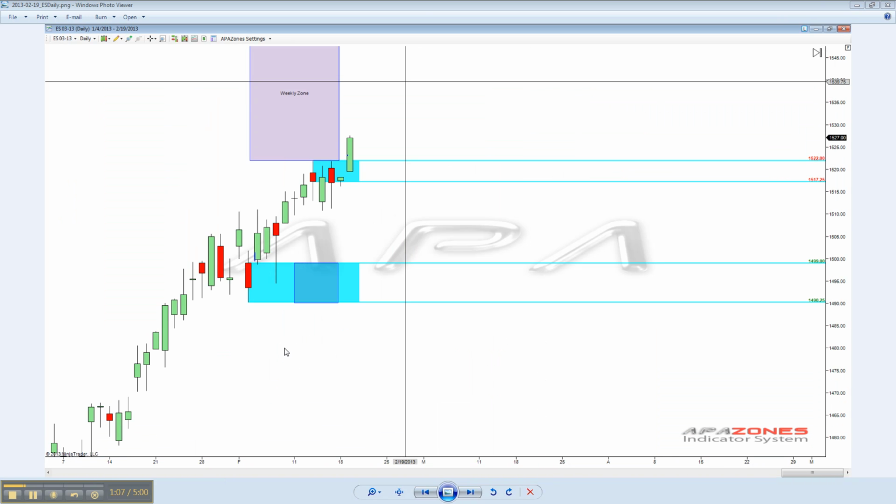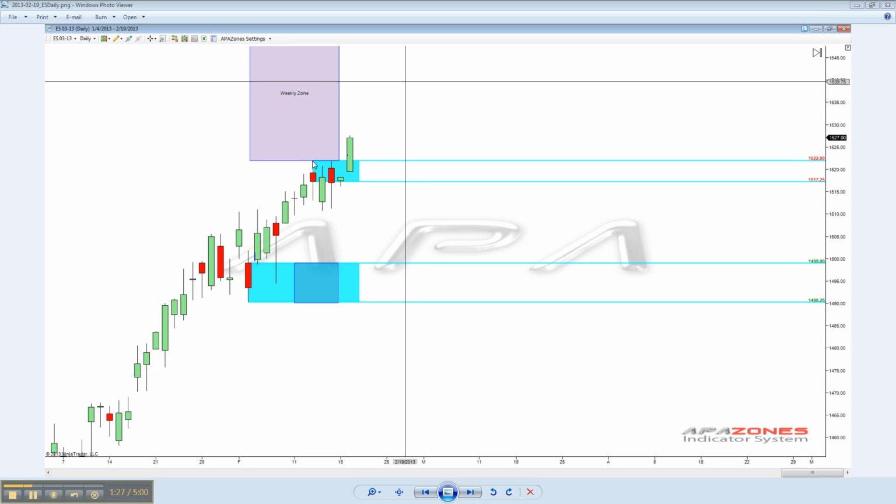Now let's go talk about the U.S. markets, and with the ES or the S&P 500 being our main chart here, we can see a nice weekly zone that we have just been bouncing on, and this zone is actually from 2007, so it's a very old thing.